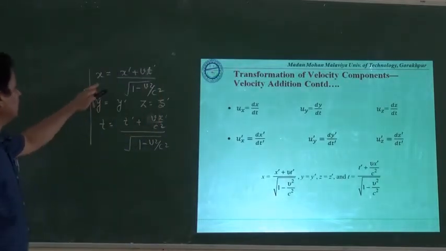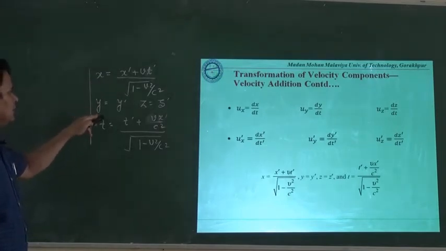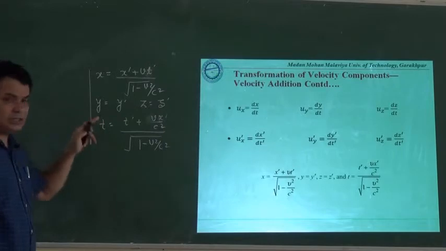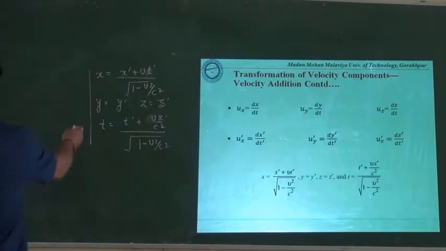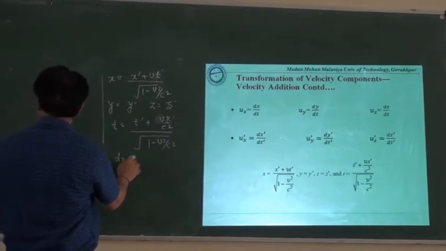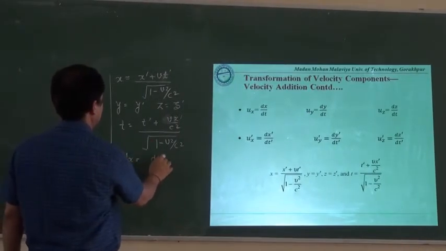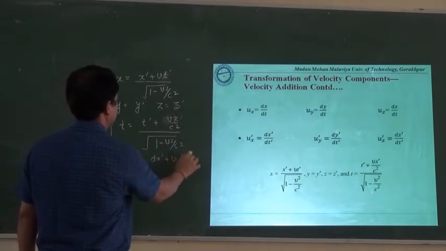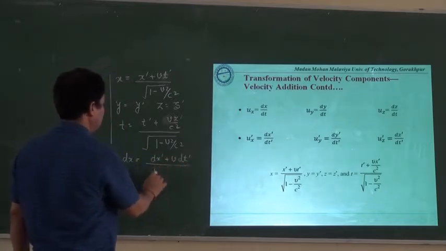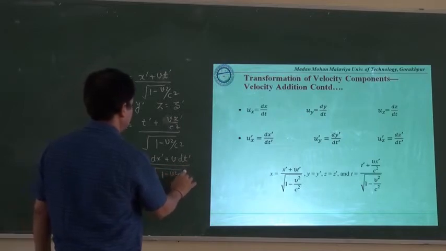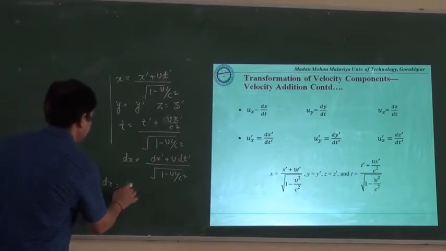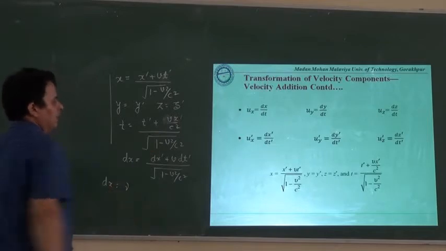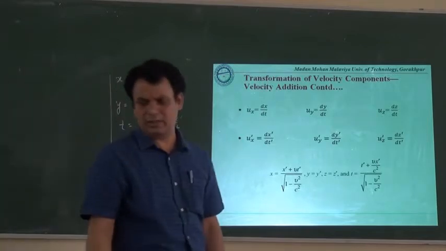Now we will take the differential change in each of these, and according to that we will have the different values. We will write dx is equal to dx dash plus v dt dash divided by under root 1 minus v square upon c square, or simply dx is equal to gamma times, where gamma is 1 upon under root 1 minus v square upon c square.